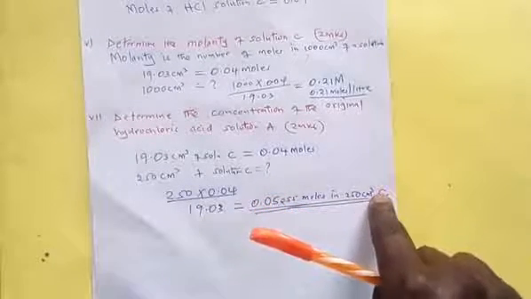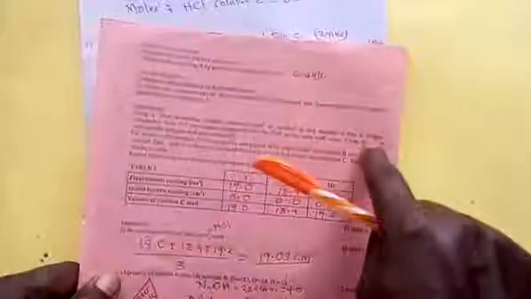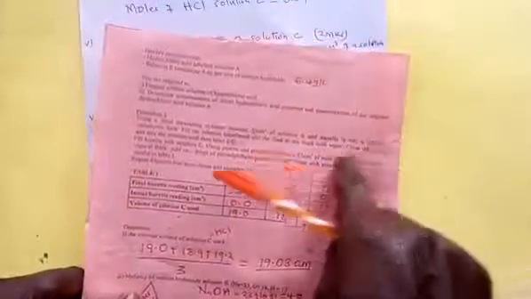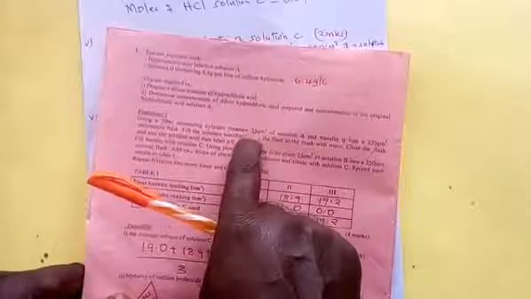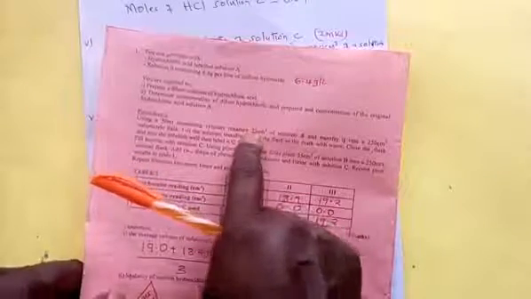Don't forget, moles in 250 solution C will be exactly equal to the number of moles in 25 original, because moles do not change when you dilute. What changes is concentration.